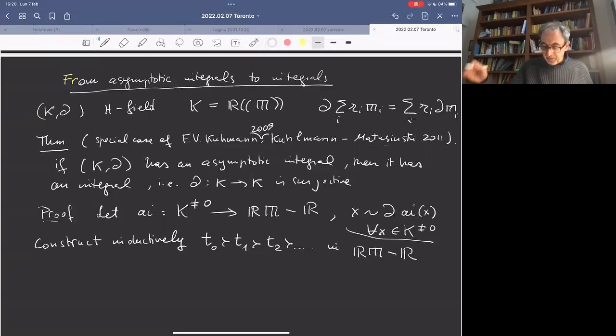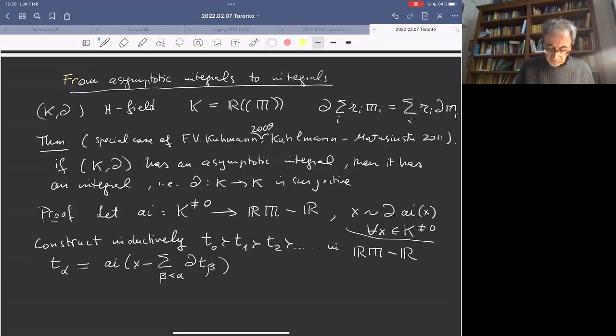Construct inductively a sequence such that T alpha, for alpha an ordinal, is the asymptotic integral of x minus the sum for beta less than alpha of the derivative of T beta.